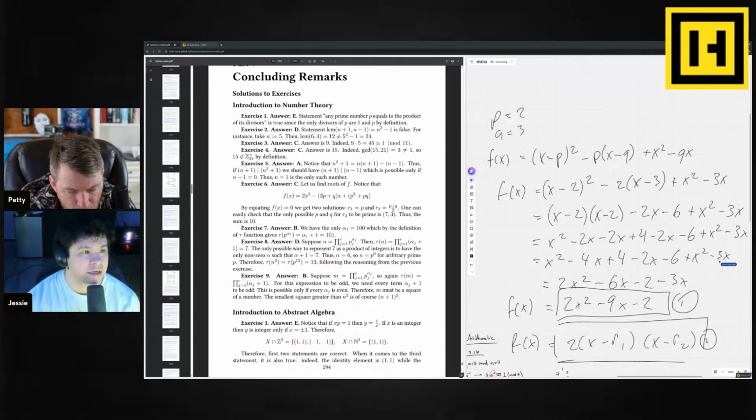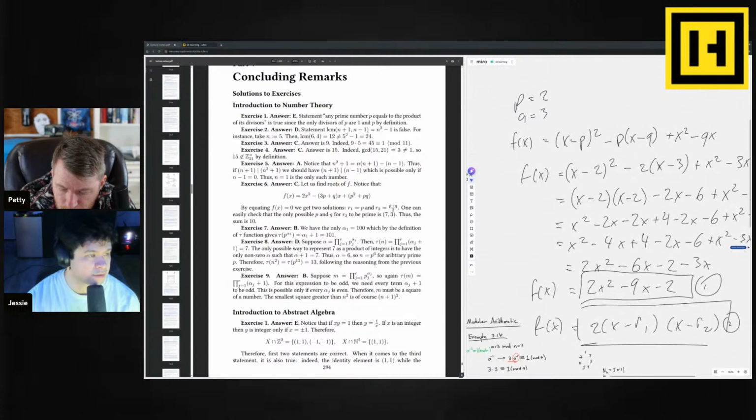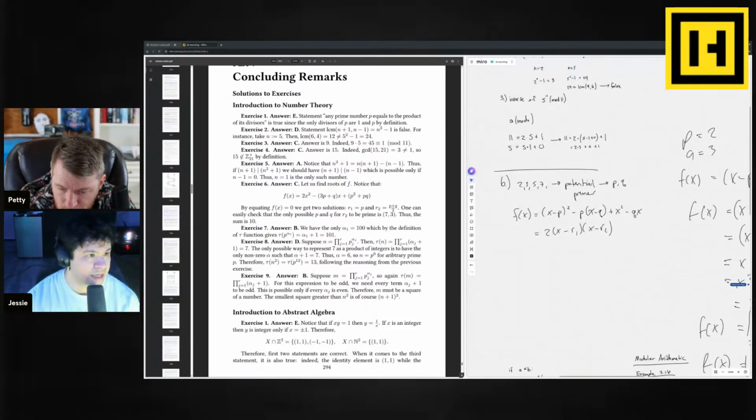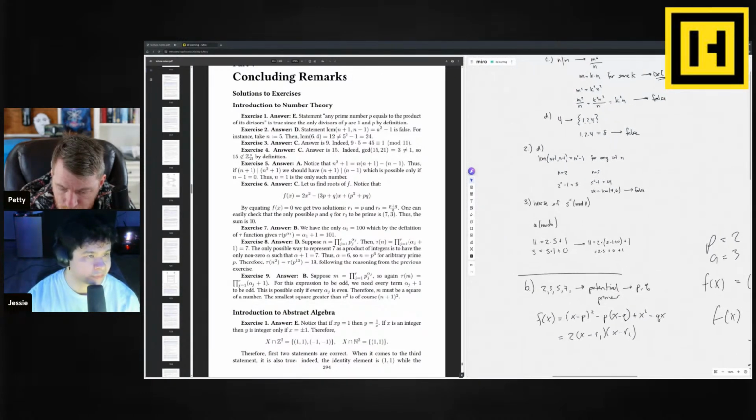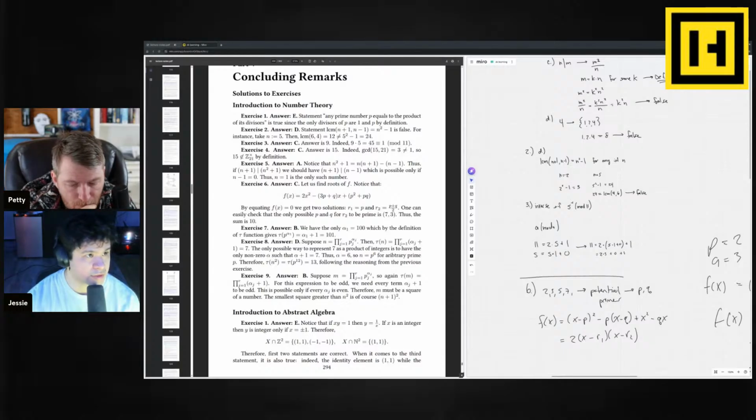It says plugging either solution. No, that's not what I wanted. It misunderstood. It plugged in x for R1 and x for R2. Solve for R1 and R2.